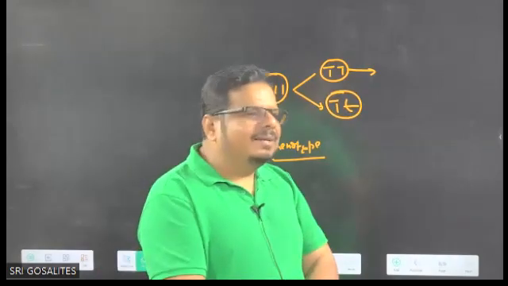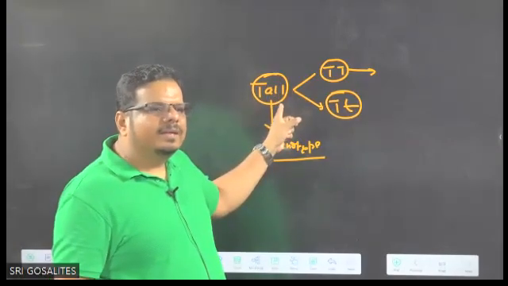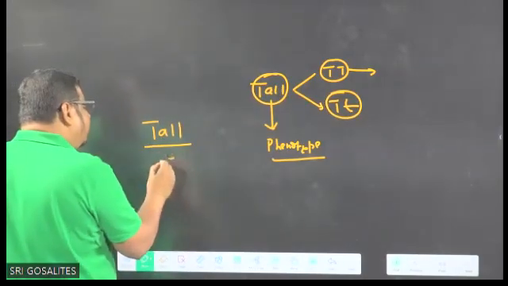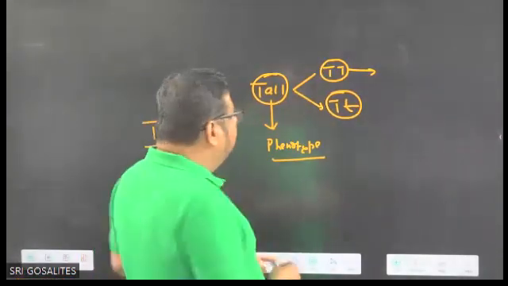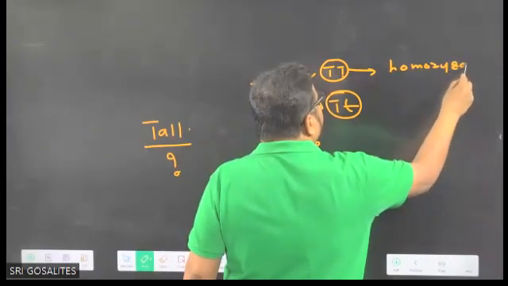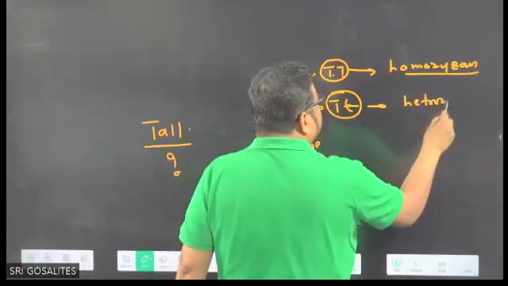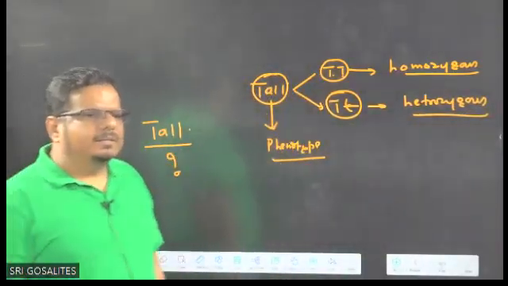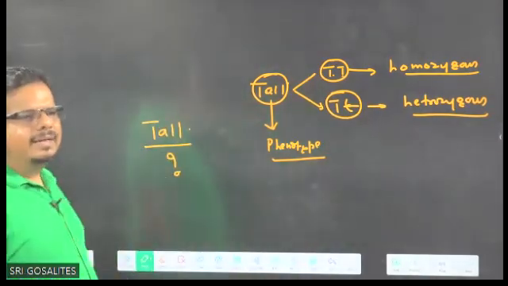By looking at any organism, you can say only about the phenotype. A plant is tall, but by observing it you cannot say whether it is homozygous tall, with both the same kind of allele, or heterozygous tall, with two different types of allele. So by simply looking at the character, you cannot say the genotype. You can say only about the phenotype. You got the idea, children?